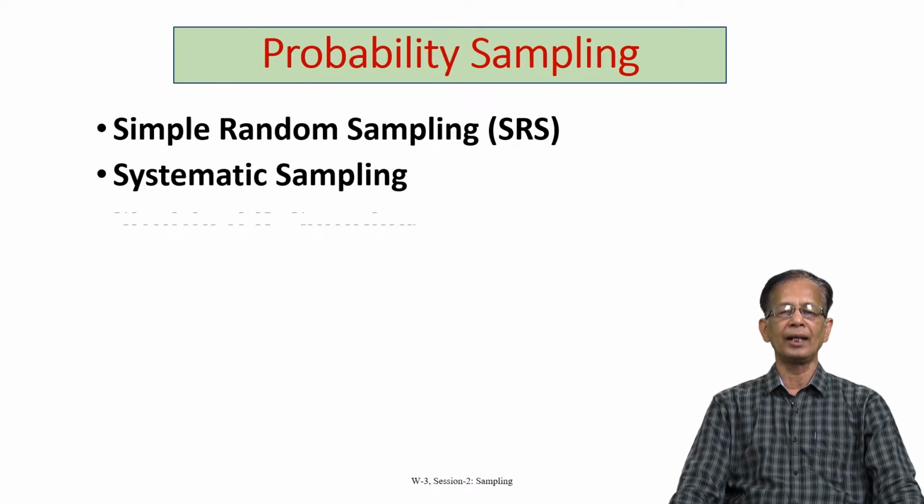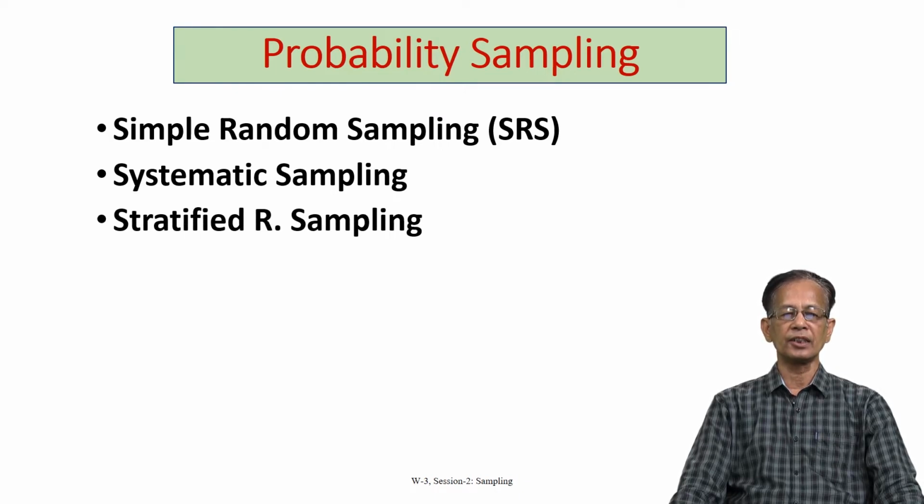Then we go on adding a constant number to go to the next unit systematically. Thus, we call it systematic sampling, or to be particular, systematic random sampling, where the first unit alone is drawn randomly and other units of the sample are automatically, systematically selected.